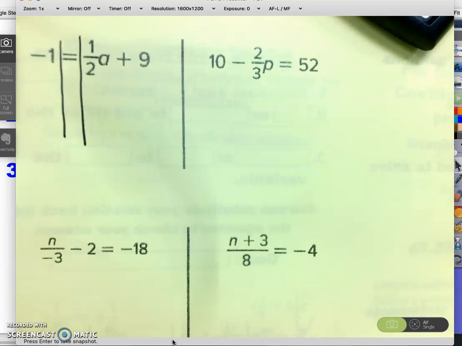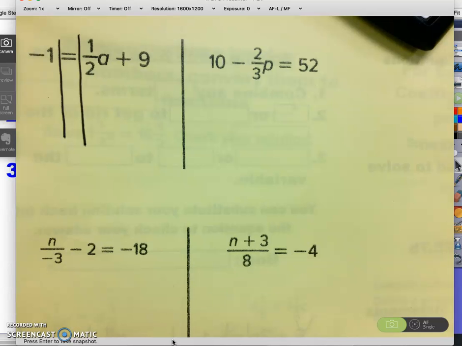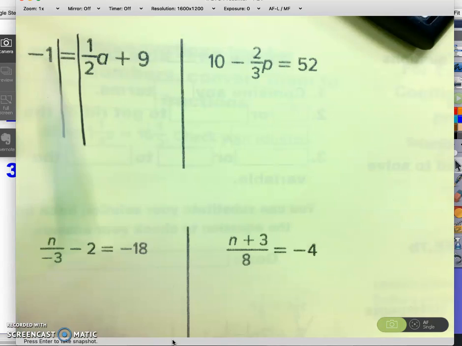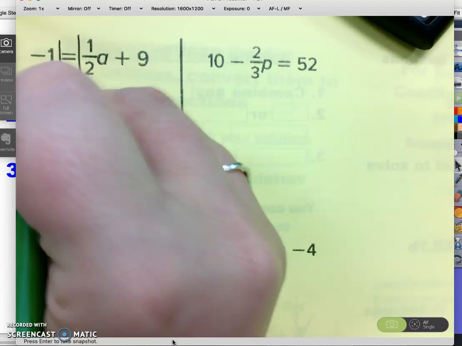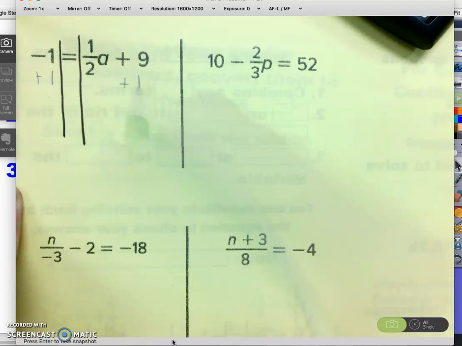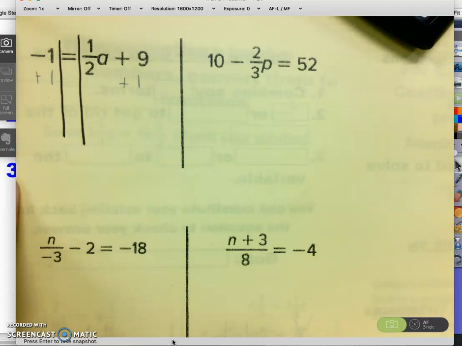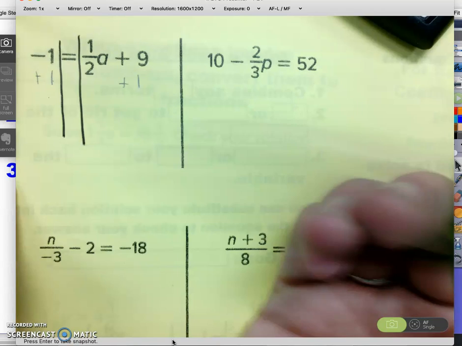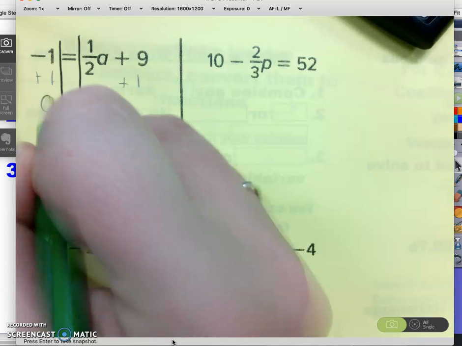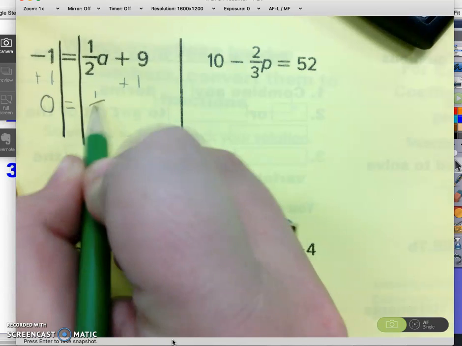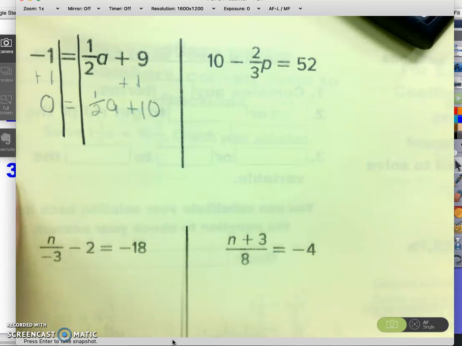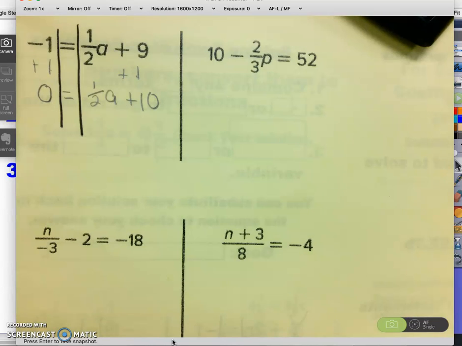A lot of kids will get rid of that -1 by adding 1 to both sides. It's not necessarily wrong, but they get -1 plus 1 is what? 0. And that equals 1/2 a plus 10, right?